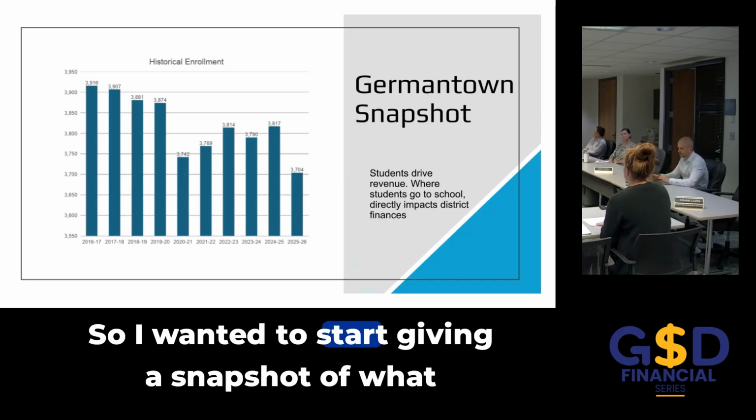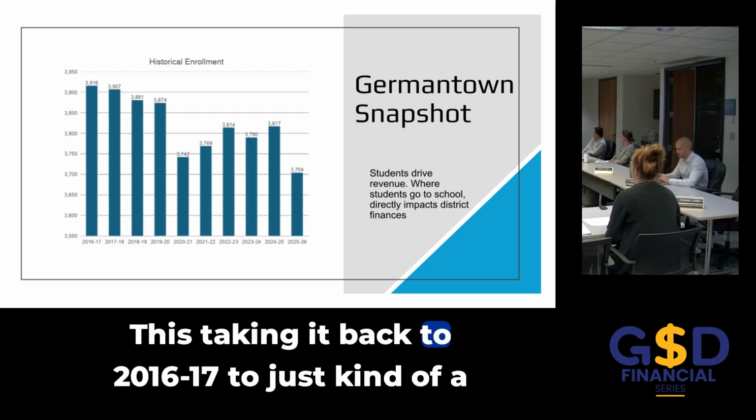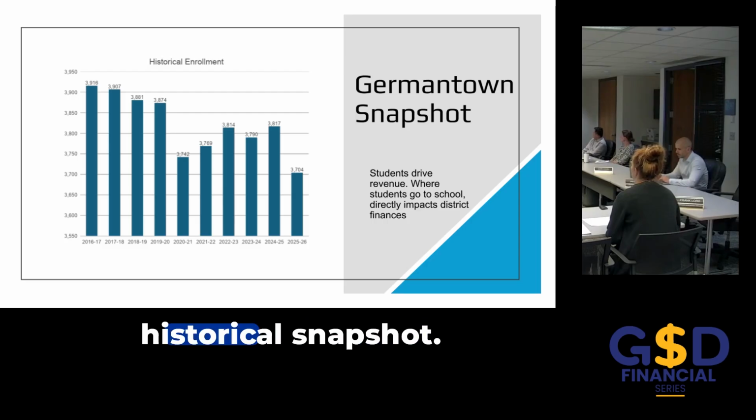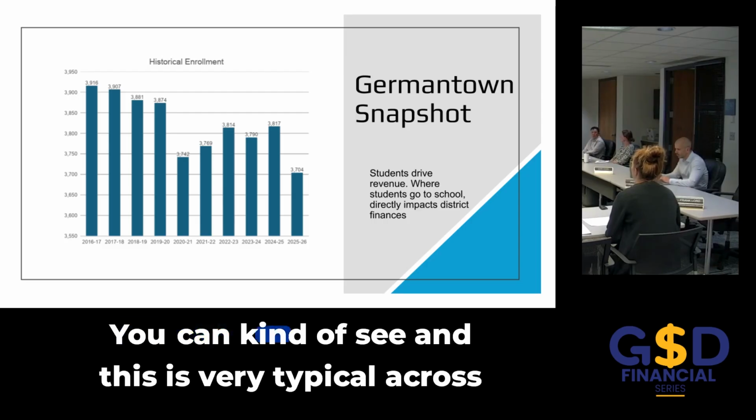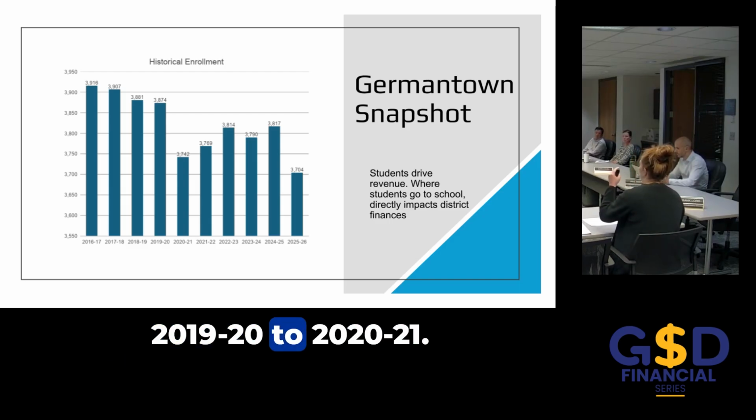So I wanted to start just giving a snapshot of what Germantown's enrollment has done, taking it back to 16-17, so just kind of a historical snapshot. And you can kind of see, and this is very typical across a lot of public school districts, that dip from 1920 to 2021.